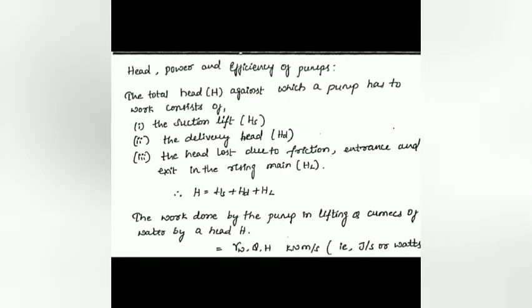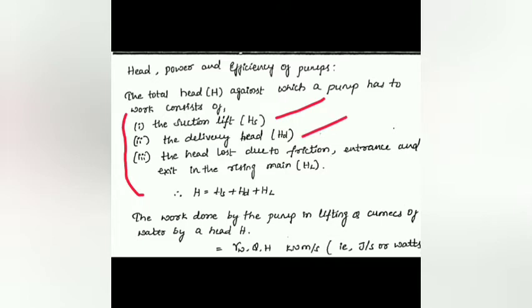Next, let us check how the head, power and also efficiency of the pumps are calculated. As we discussed when we were discussing the pumps, the total head H against which a pump has to work considers three factors. One is the suction lift or suction head, HS.